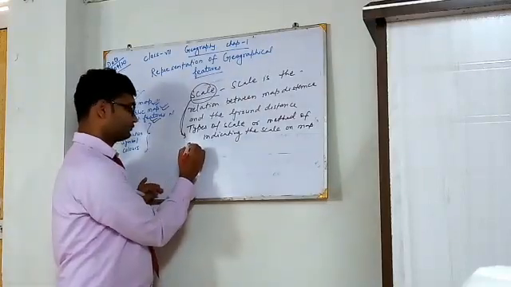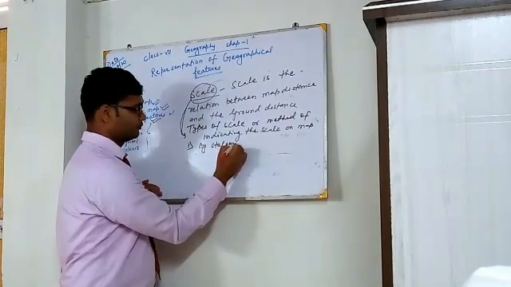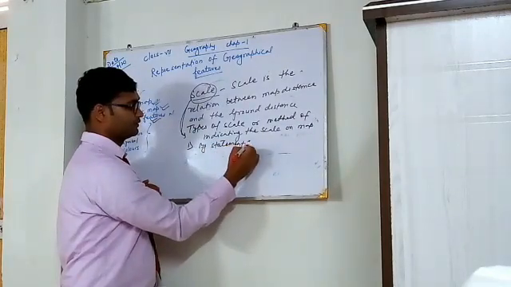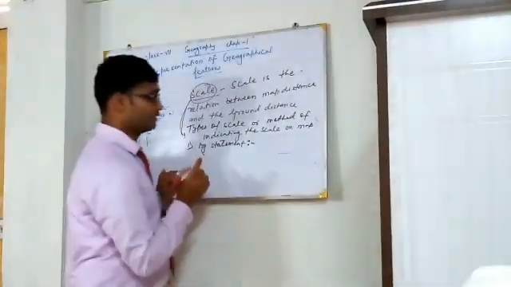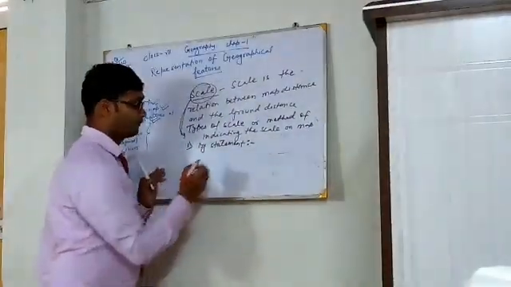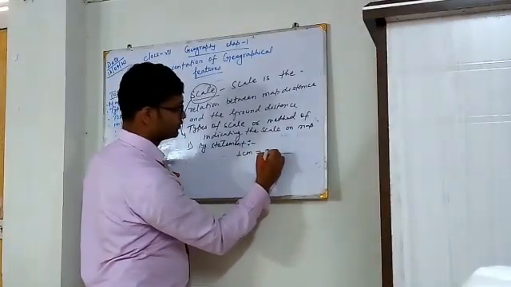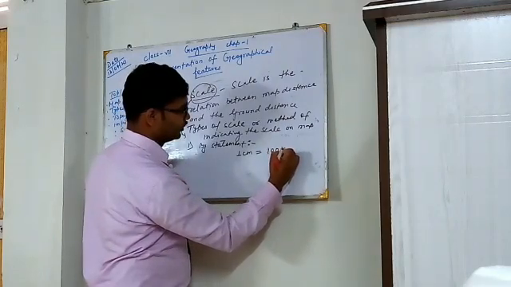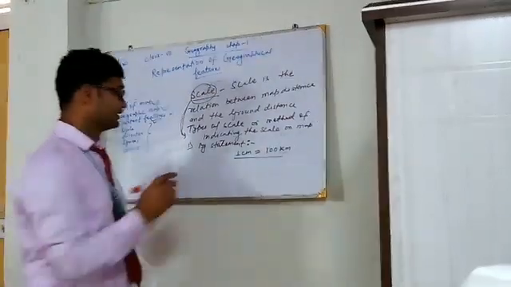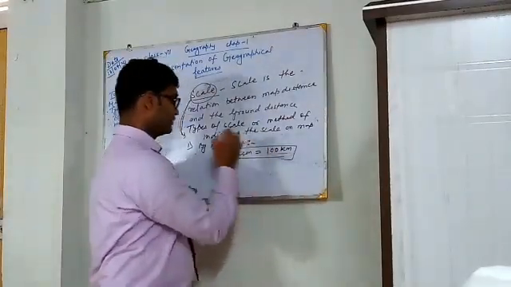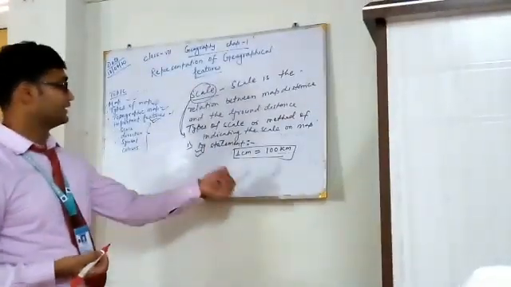First one is by a statement. In this method, we simply write below the map, like 1 centimeter is equal to 100 kilometer. This is a scale written below the map. This method is known as by statement. Simply it is written in a statement.